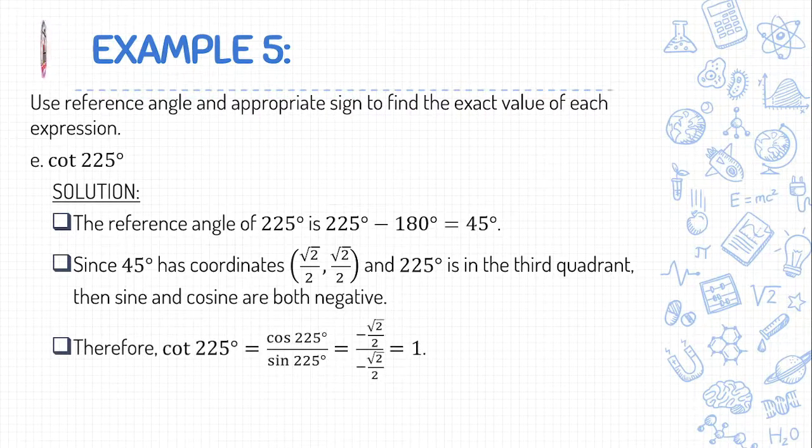Therefore, cotangent 225 is equal to cosine 225 all over sine 225, which has values negative square root of 2 all over 2 and negative square root of 2 all over 2, or that is equivalent to 1.